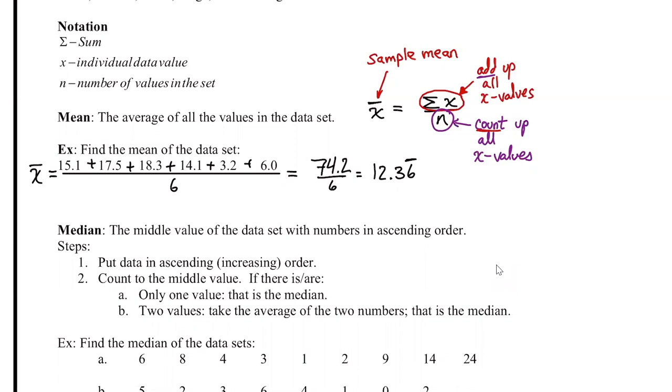If you go to the nearest hundredth and you round it to 12.37, that's perfectly fine because that would be correct. Now, if the directions said specifically to round it in one way or another, then that's obvious because you're just following directions.